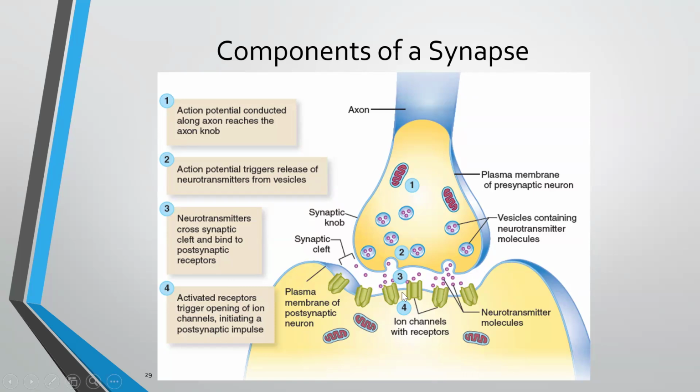And then the combining of the neurotransmitter and the receptor molecules in the plasma membrane of the postsynaptic neurons opens ion channels. So these right here are your ion channels that get opened, and it initiates the impulse conduction in the postsynaptic neuron.